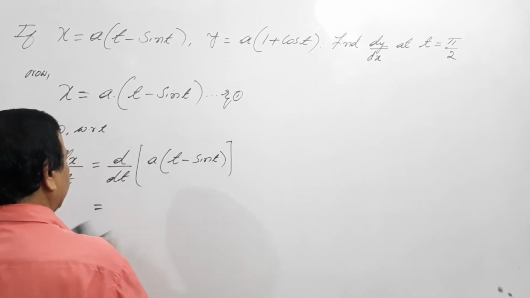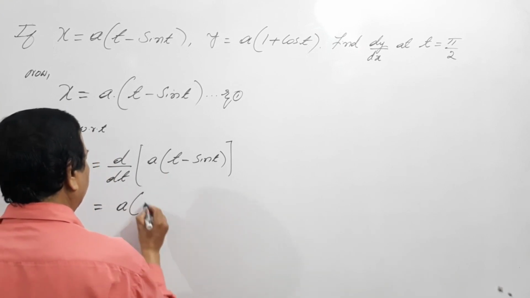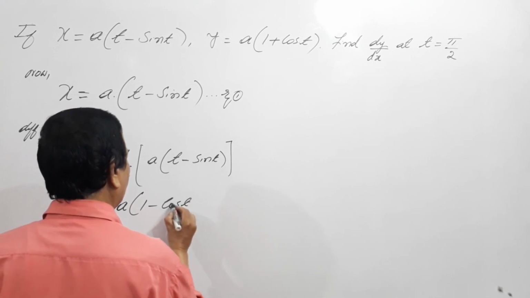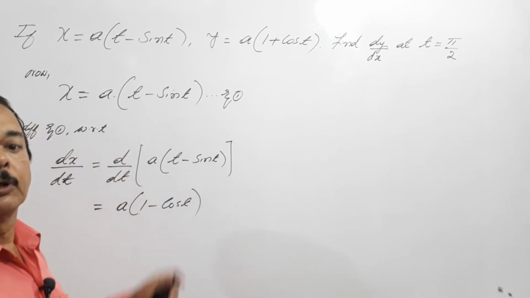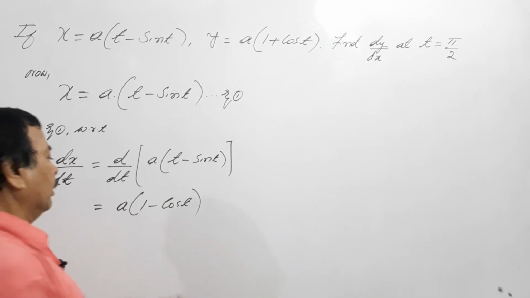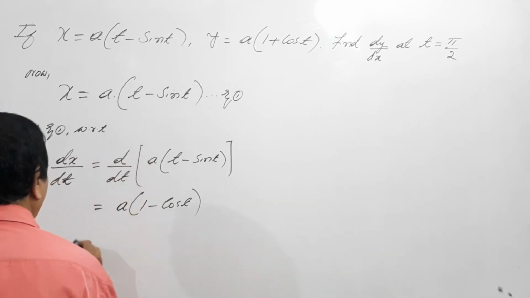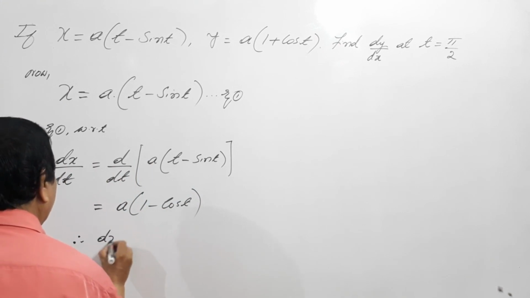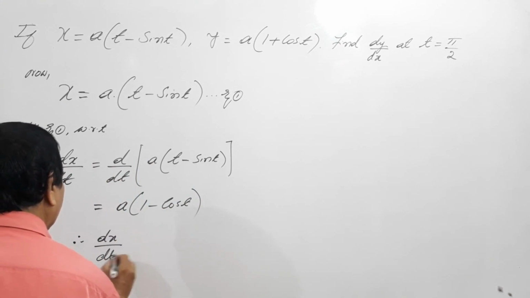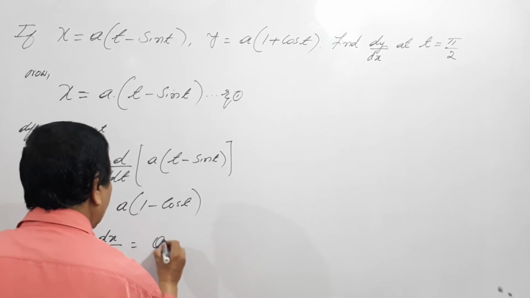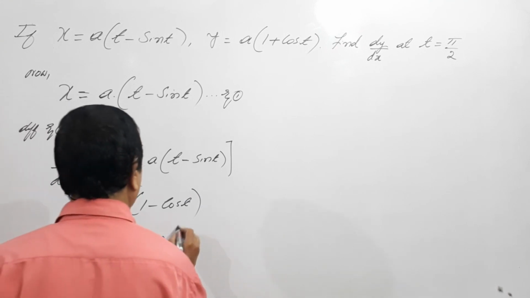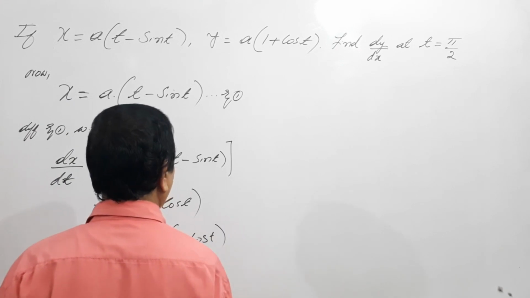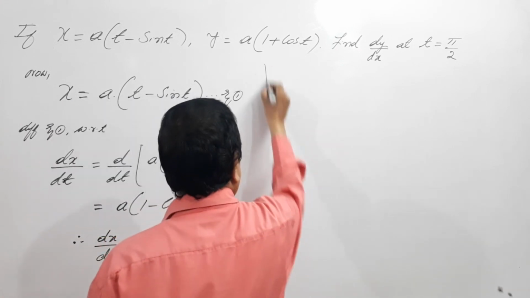So dx by dt equals a into 1 minus cos t.